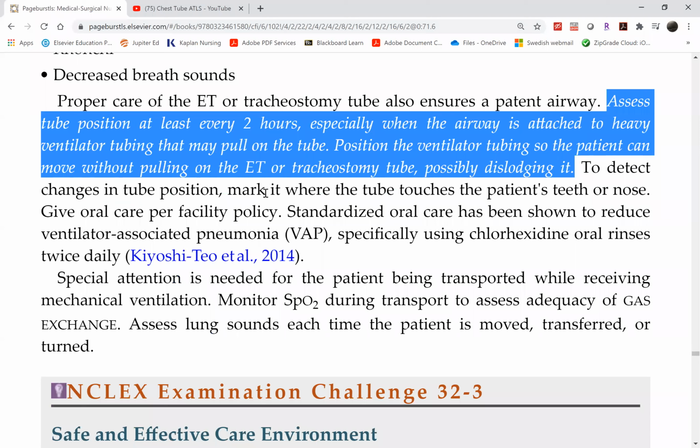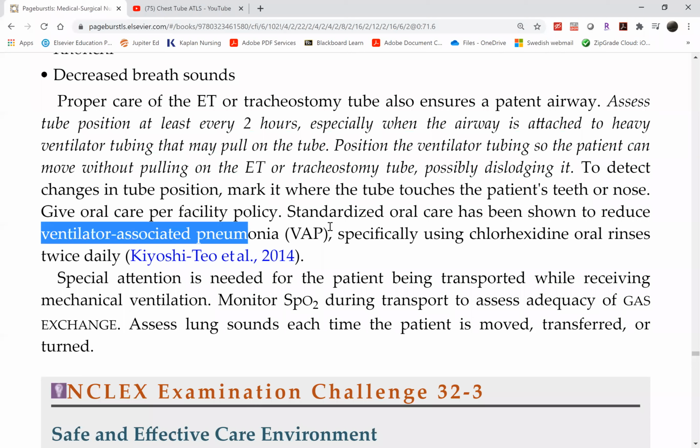So this is part of ensuring proper tube placement as well as proper cuff inflation. Now, part of the bundle, because one of the preventable complications of mechanical ventilation is pneumonia. Ventilator-associated pneumonia occurs within 48 hours from intubation, so all patients who've been intubated for longer than 48 hours are now at risk for VAP.